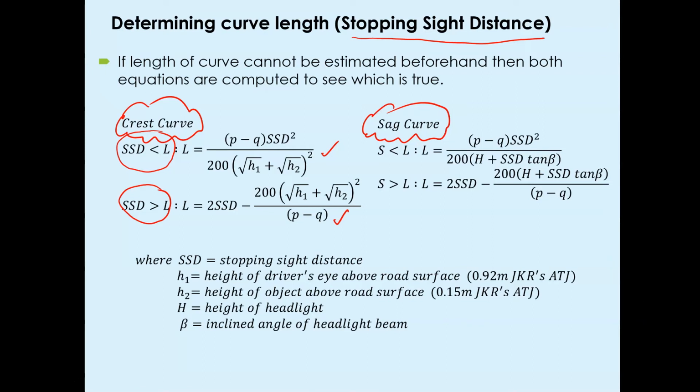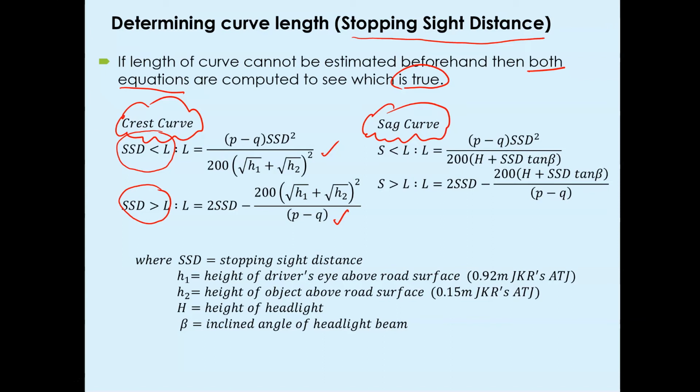In that case, you will probably have to calculate both equations. You compute both equations and see which one is true. We're going to do one example later so that you can understand what I mean by that.